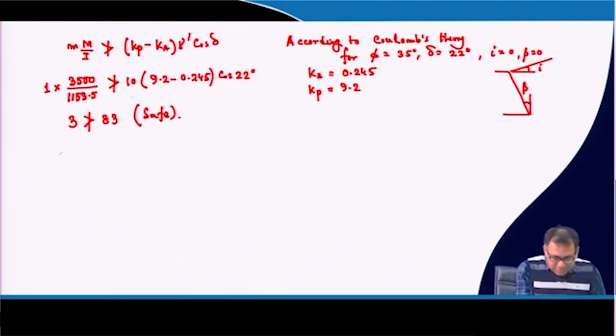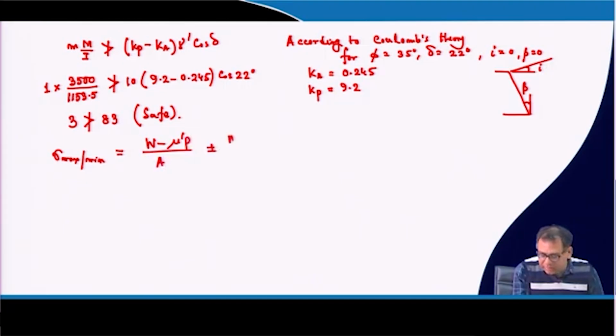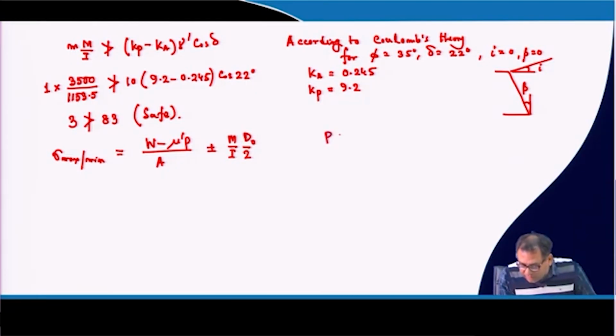Now, I will check the next one, that is sigma max, sigma min. So, that is (W minus mu dash P) divided by A, plus or minus M by I into b by 2, or here b by 2 will be d0 by 2, because here it is a circular well. Now we know that P is equal to M by r.